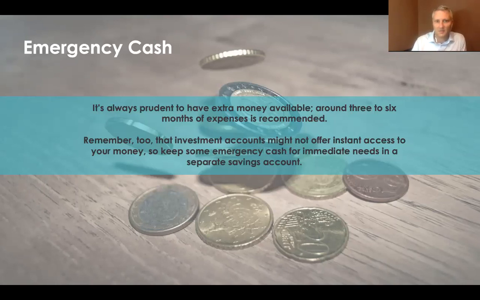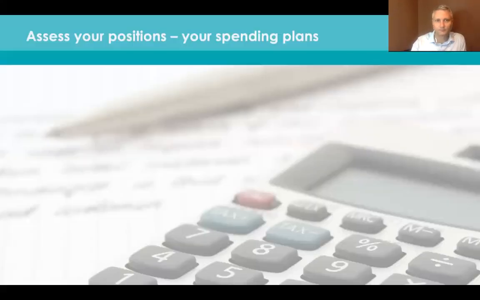3 to 6 months expenses is generally recommended. I think in the expat world, it is understanding, okay, what are your expenses? So you write them out, and then what can you cover from in different circumstances or scenarios. So you've got to just run through those plans.